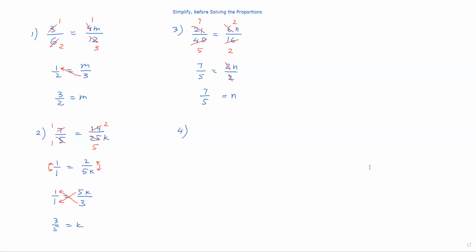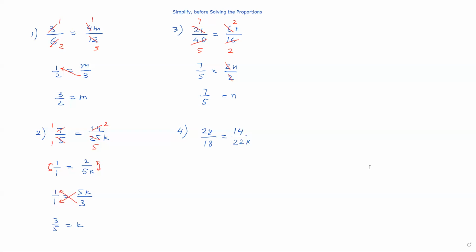Let's say we have 28 over 18 equals 14 over 22x. Let's make it 2x on top and 22 on the bottom. Again, we'll look closely.